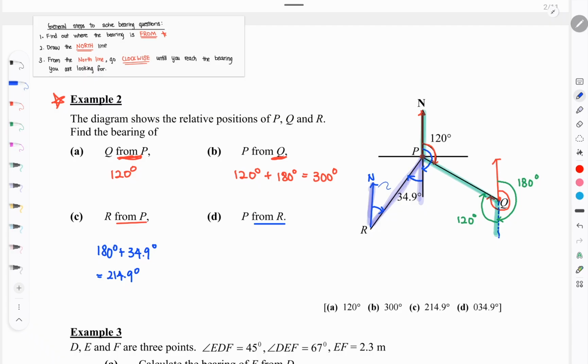So I know that this is actually also 34.9 degrees. Okay, so the bearing will be 034.9. Okay, so take note, you have to add an extra 0 because it is just 2 digit.